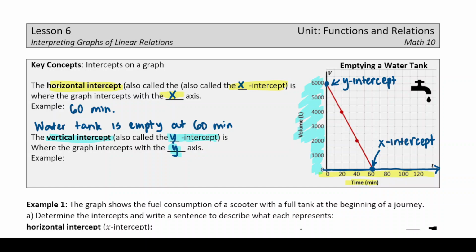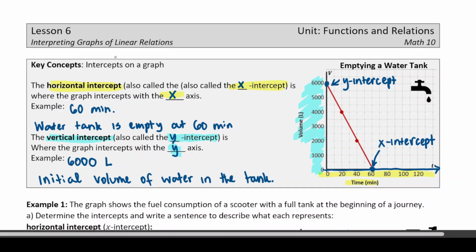So in this graph, it would be 6,000 liters of water. That's the amount of water in the tank at time 0. You can say the initial volume. Initial means starting. The starting volume of water in the tank. Okay, that's our example there.